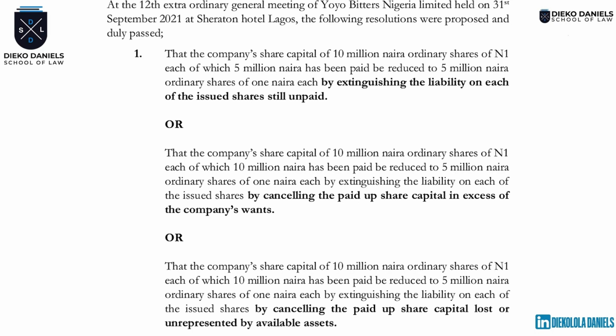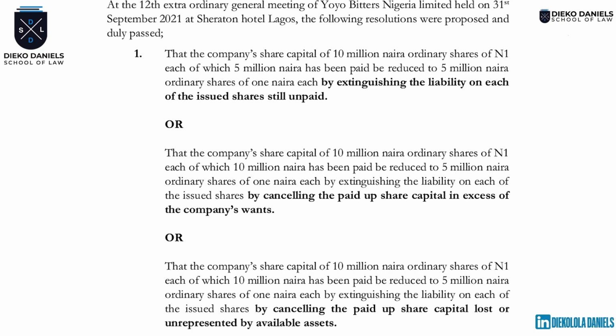That is A. Or are they reducing it because there have been certain losses, and the share capital which they now have is lost or unrepresented by available assets, which is B? Or are they reducing it because the company now has enough, and the share capital that they have is more than the company wants? If you don't understand these three things I just said, I'm not going to re-explain it here. Go and watch the video on the overview of the procedure for reduction of share capital.